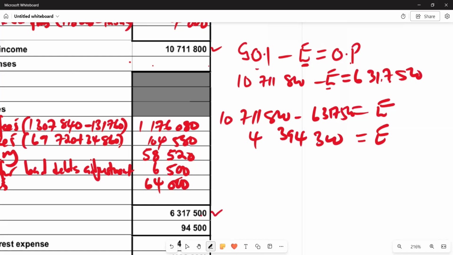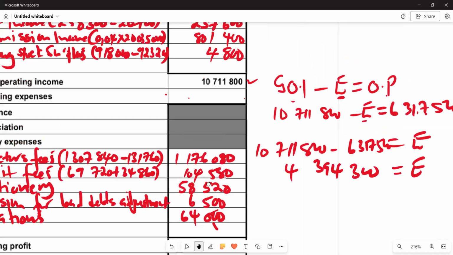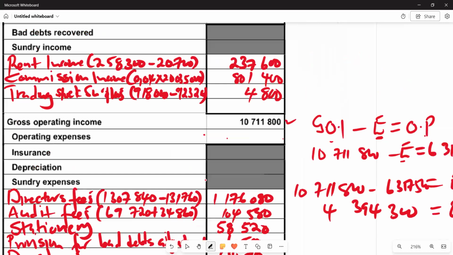So this is the figure that is supposed to come there, which is our expenses figure, 4,394,300. So this is what we have in terms of our operating expenses.